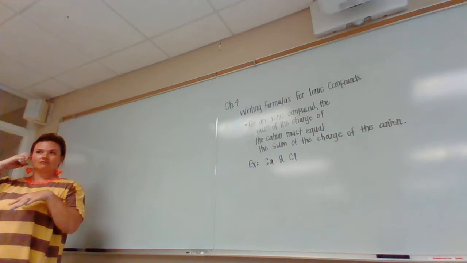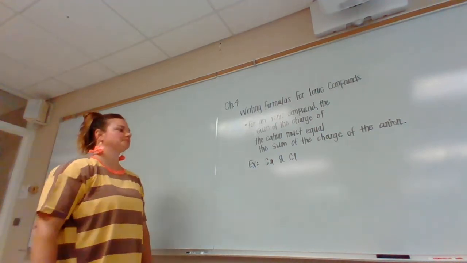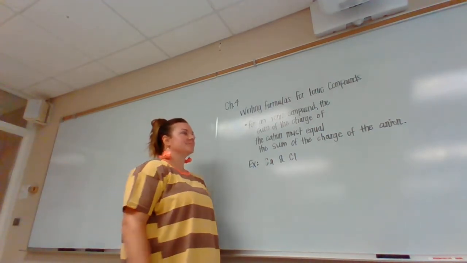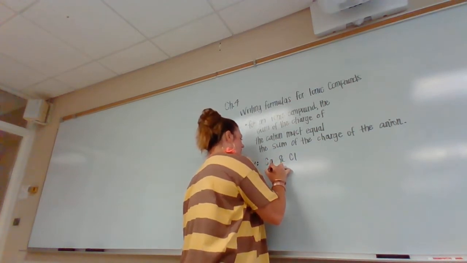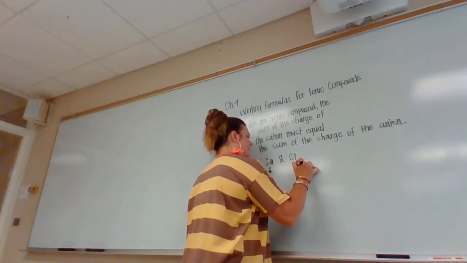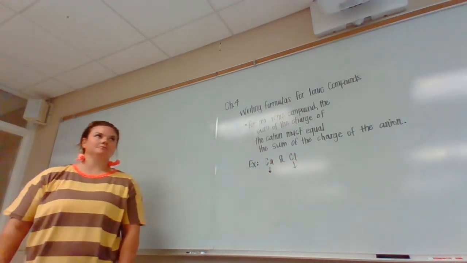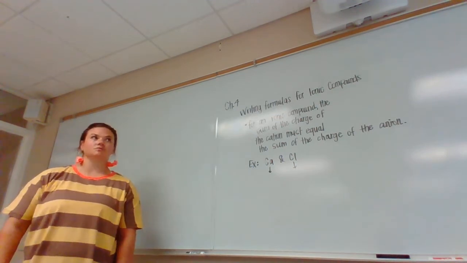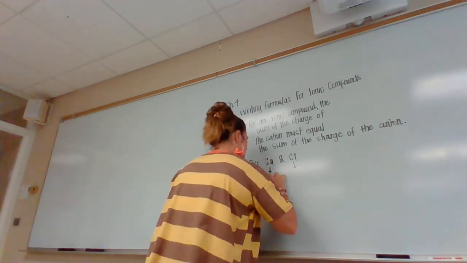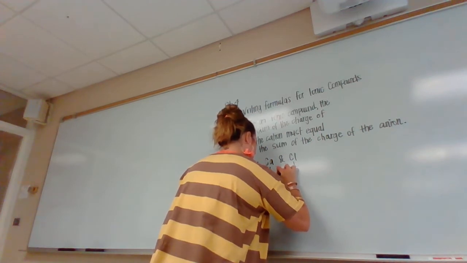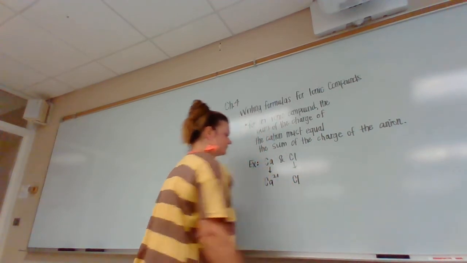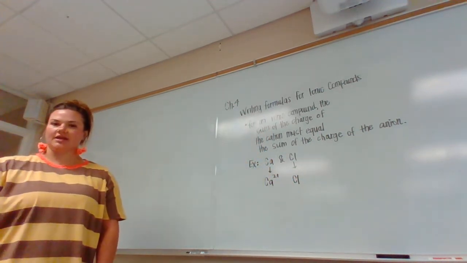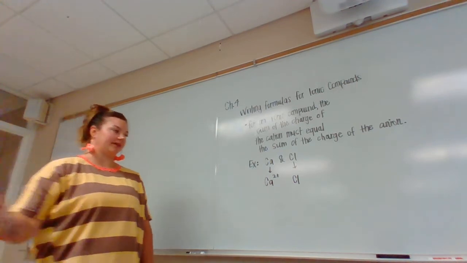All right, what kind of ion does calcium form? Calcium, +2. And chlorine? -1.